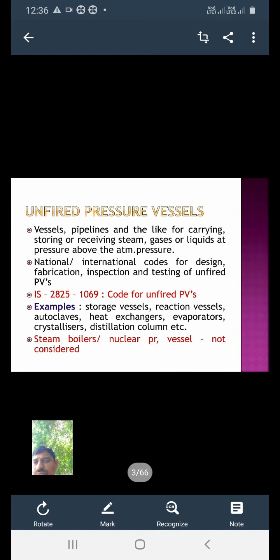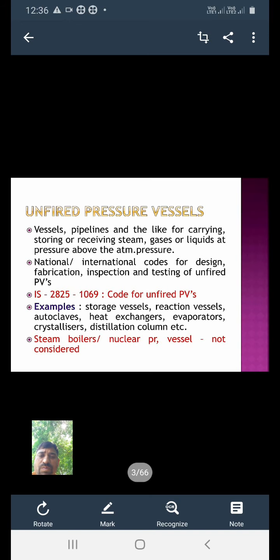We'll see what is meant by fired pressure vessel and what is meant by unfired pressure vessel. Unfired pressure vessels are all vessels, or we can say pipelines and the like, for carrying, storing or receiving steam, gases or liquids at pressure above the atmospheric pressure.